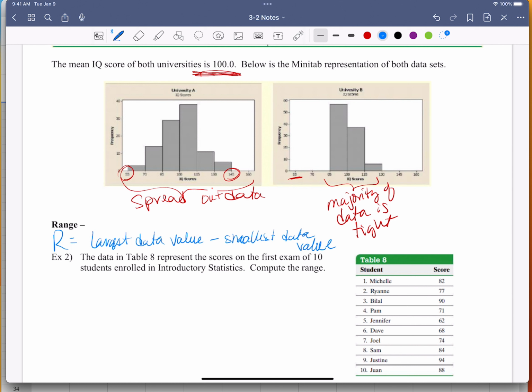So, moral of that story, this is going to be the big minus the small. And then that number will give you your range. So how far are we out there? That's what we want to know.